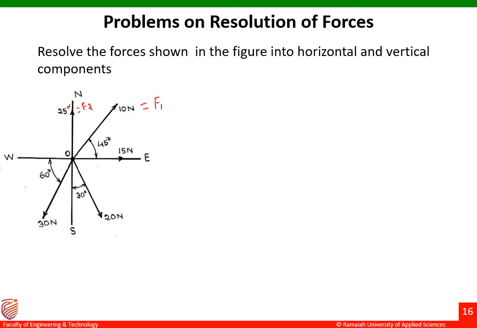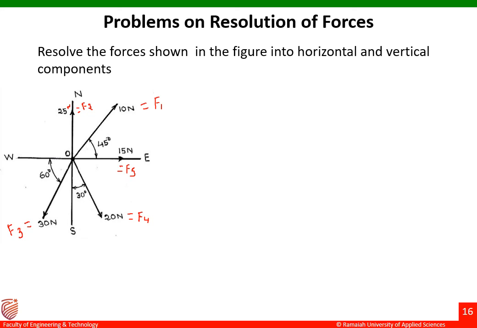Coming to this force, that is 30 Newton, let me take this one as F3. Then we have one more force of 20 Newton. Let us take it as F4. And then there is one more force of 15 Newton which is acting exactly along the horizontal axis. We will take it as F5.